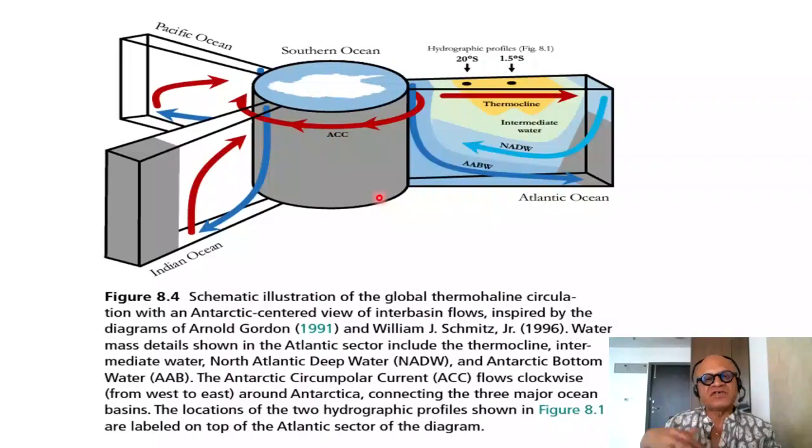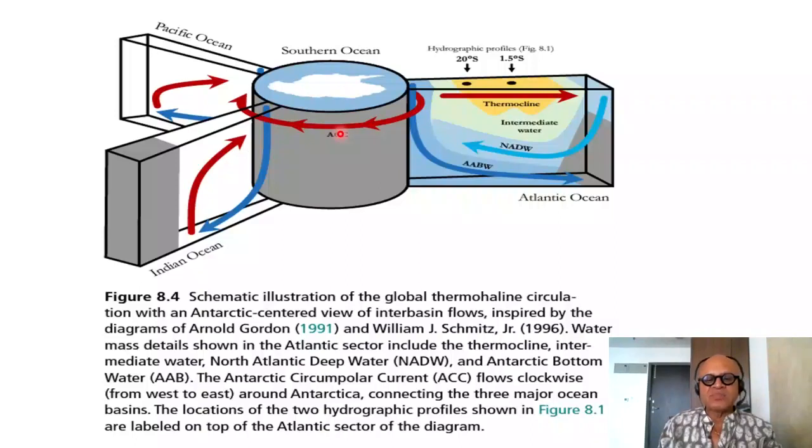Chris says that the first global conveyor belt figure I saw is not the best one to show. He doesn't show that kind of figure in his book because he doesn't like them, but I showed one anyway. What he shows instead is this schematic illustration of the global thermohaline circulation with an Antarctic-centered view of the interbasin flows, inspired by the diagram of Arnold Gordon and William Schmitz. Water mass details are shown in the Atlantic sector, including the thermocline, intermediate water, North Atlantic deep water, and Antarctic bottom water.